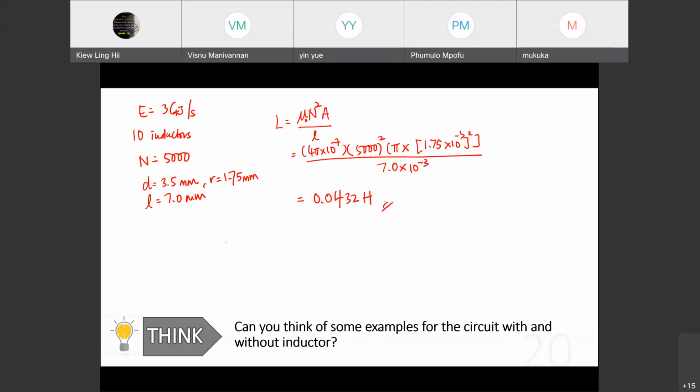Now, from energy equals half L i squared, this is the total energy. So 10 inductors times half L I squared equals 3 giga, that is 3 times 10 to the power of 9 joules per second.